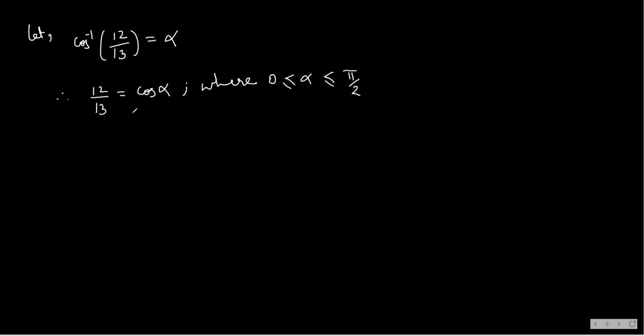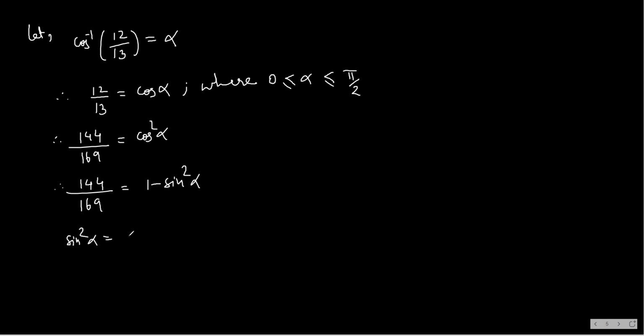Now from cos alpha, I have to find sine of alpha. So I will write, squaring both sides. When I square, I get 144 upon 169 equals cos square alpha. Therefore, I will have 144 upon 169 equals 1 minus sine square alpha. So sine square alpha is 1 minus 144 upon 169.